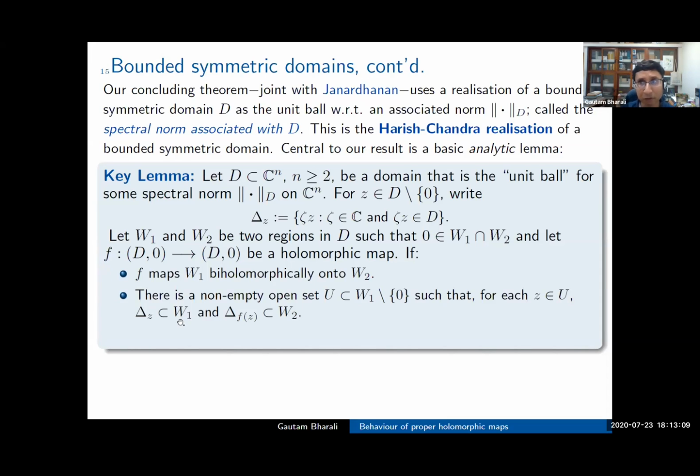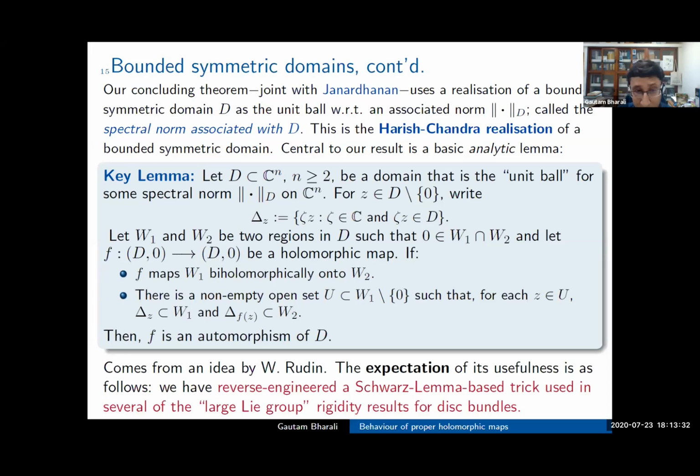In other words, W1 is so large that it contains a certain pencil of complex lines. And W2 is so large that it contains this associated pencil of lines. Then F is an automorphism of D, okay? So this is a key lemma, technical, but really useful.